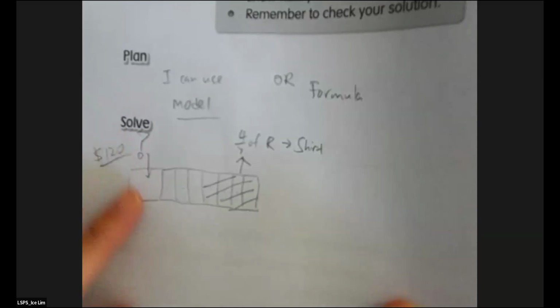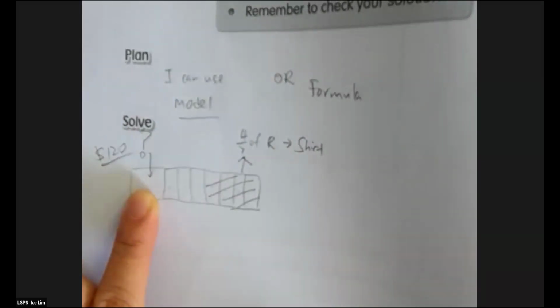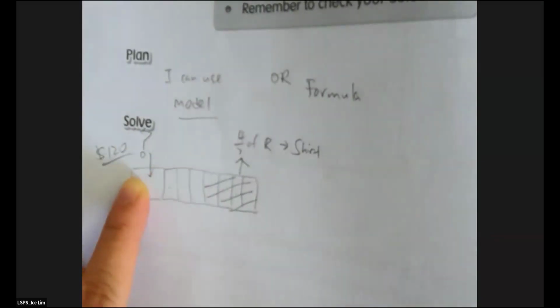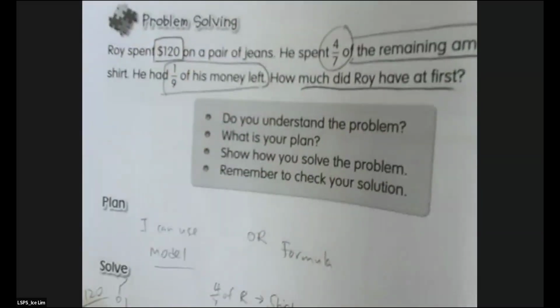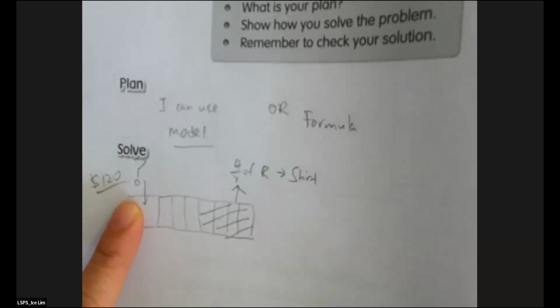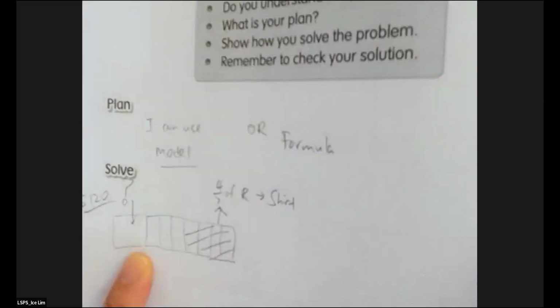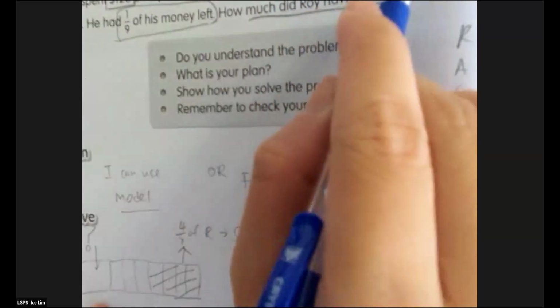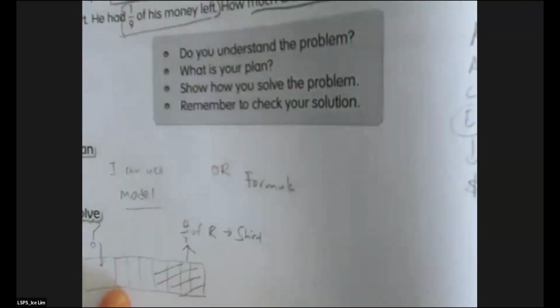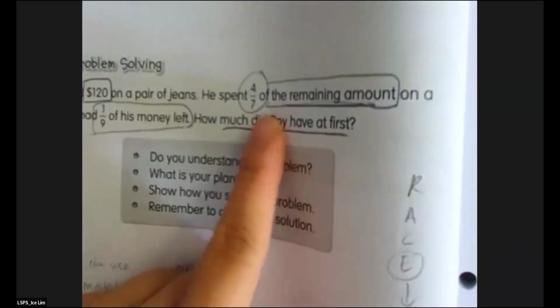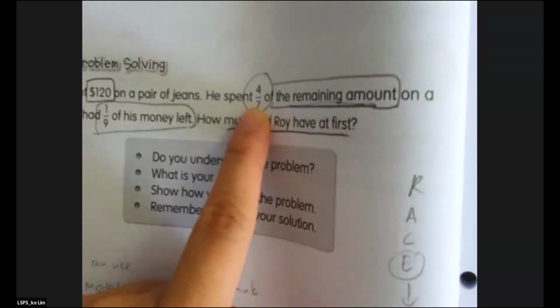So I draw this $120, not knowing what size this card is supposed to be, because it's not stated here. This is an unknown, so I wrote a question mark. The only thing I know is that the remaining amount, the leftover here, is 7 units. Okay? The leftover is 7 units.